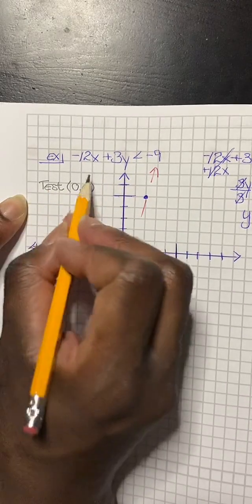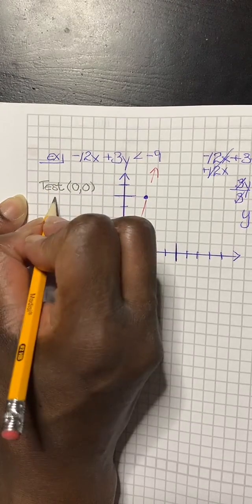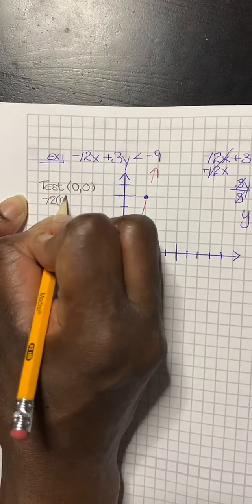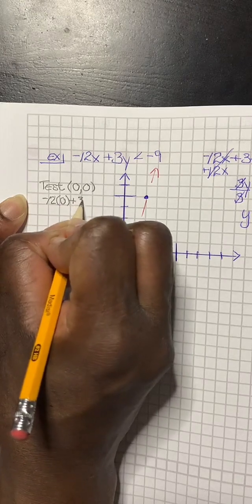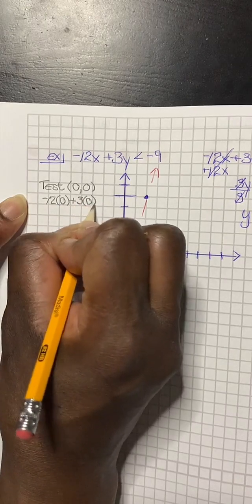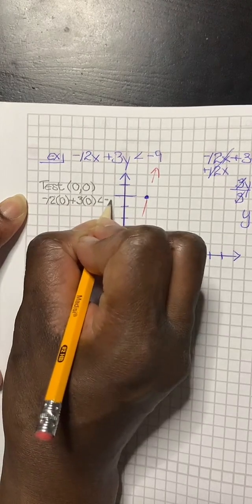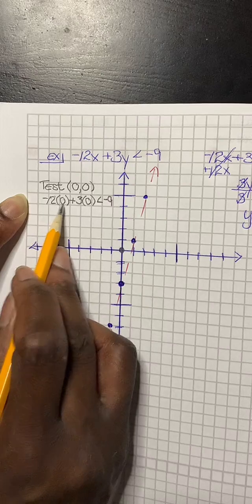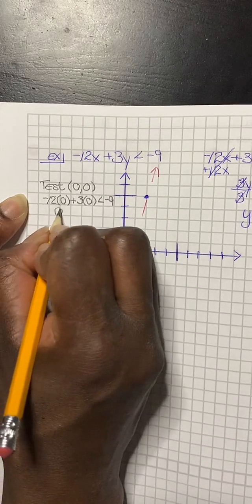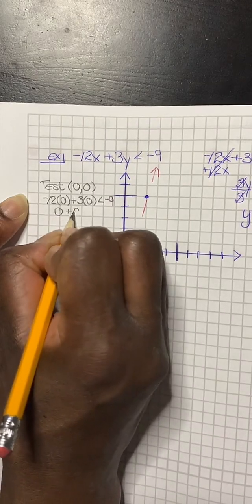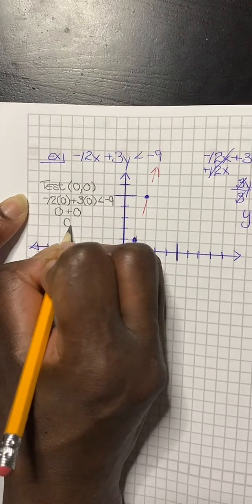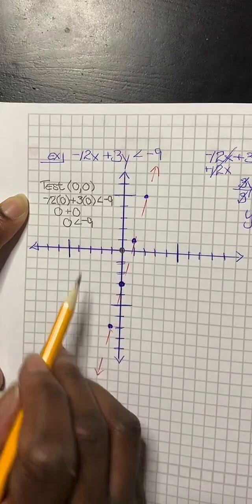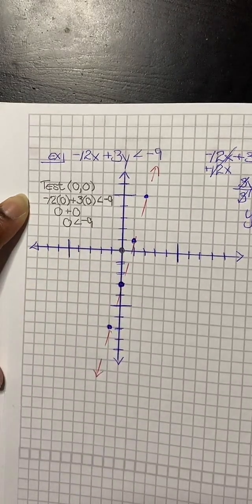Negative 12 times 0 is 0. Let me not be lazy and actually show the situation. Negative 12 times 0 is 0. 3 times 0 is 0. So I got 0 is less than negative 9. Is that a true statement?